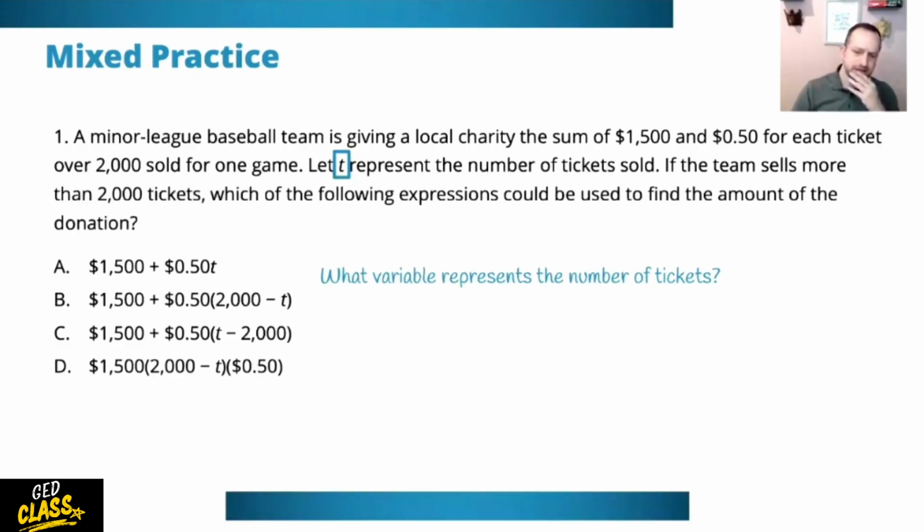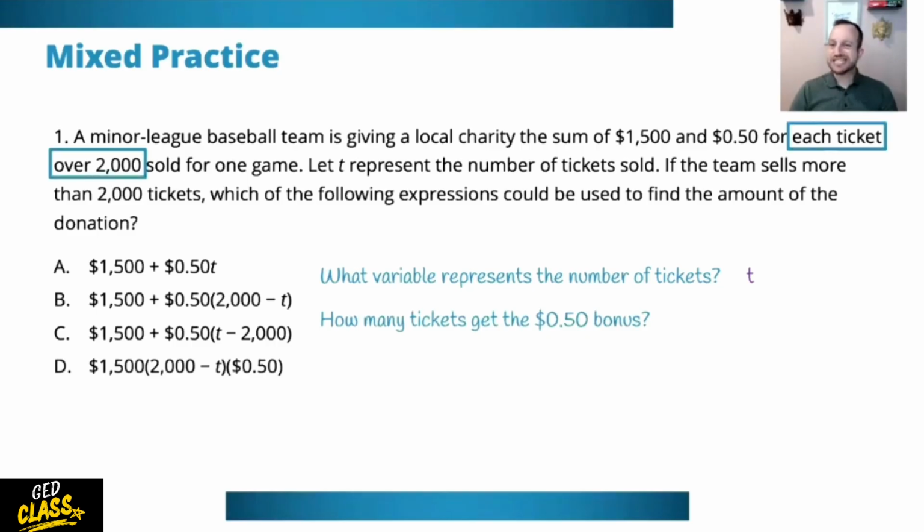Next, I'm looking for something in this problem that gives me a mathematical value. I have 1,500, I have 2,000, I have 0.5. I want to know how many are going to give me that 0.5 or that 50 cent bonus. And it tells me that it's each ticket over 2,000. Now, often when I'm doing a word problem and converting it to math, I try and go piece by piece, literally highlight or underline the whole block of text that I'm going to make into a number.